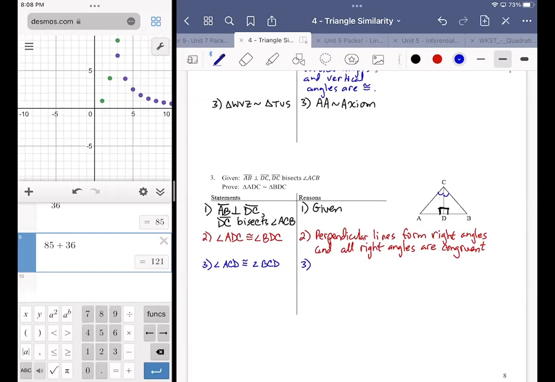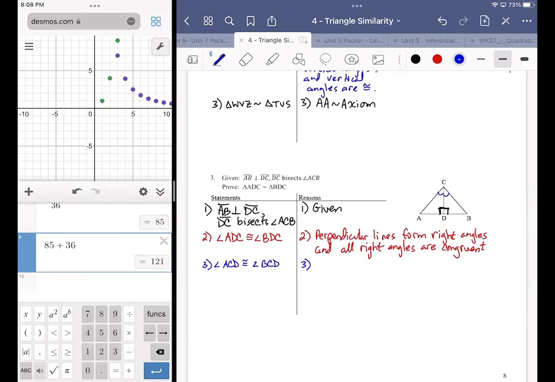And we just got to think, okay, what does a bisector do? An angle bisector cuts an angle into congruent angles. I mean, it cuts an angle in half, but if it cuts it in half, those two halves are congruent to one another.